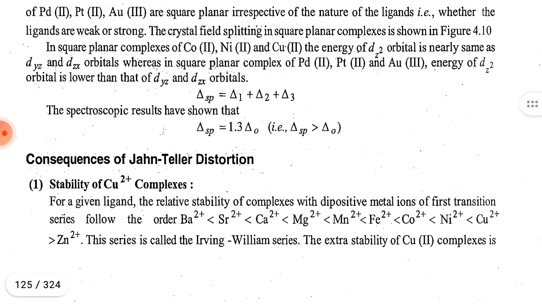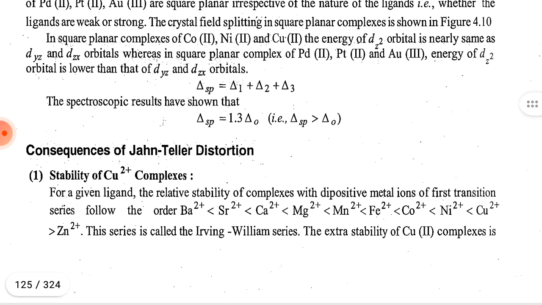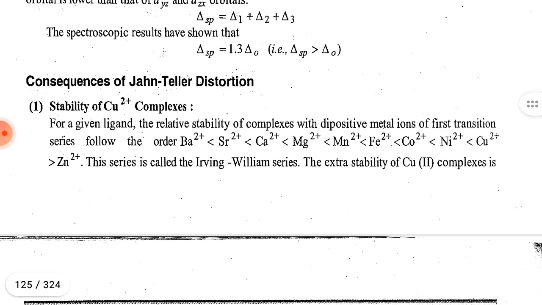In square planar complexes of cobalt(II), nickel(II) and copper(II), the energy of the dz2 orbital is nearly the same as the dyz and dzx orbitals, whereas in square planar complexes of palladium(II), platinum(II) and rhodium(III), the energy of the dz2 orbital is lower than that of the dyz and dzx orbitals.